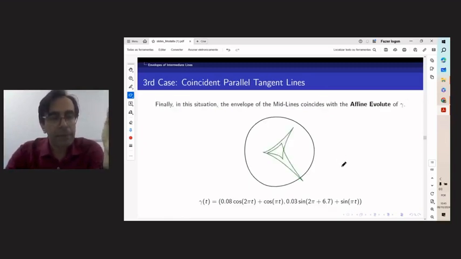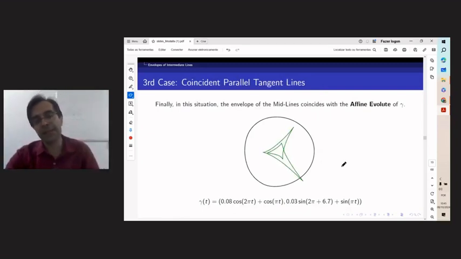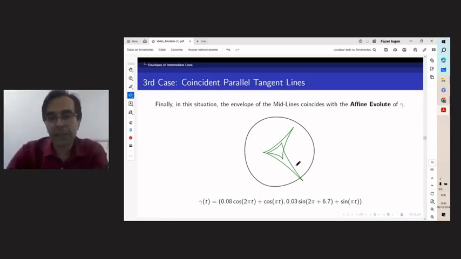And in the third case, when the midline is exactly the affine normal line, the envelope of the affine normals gives exactly the affine evolute of gamma.